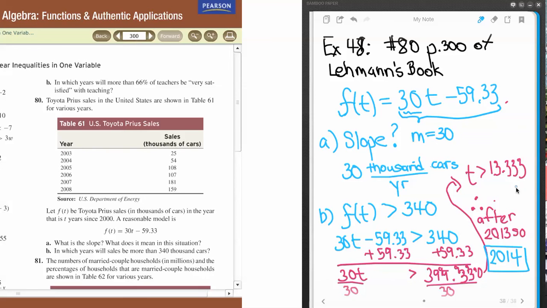It's a quarter of the way essentially into the year, or 4 months into 2013. So the year that it'll be more than 340,000 cars, we have to say, is in 2014. And that's how we interpret that meaning of something with a decimal point. And again, t is greater than 13 years, meaning we add 13 to 2000.